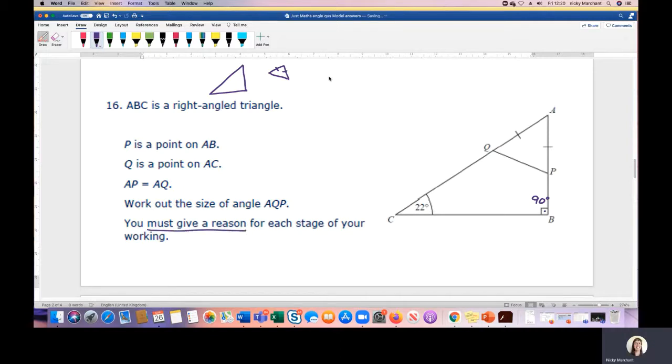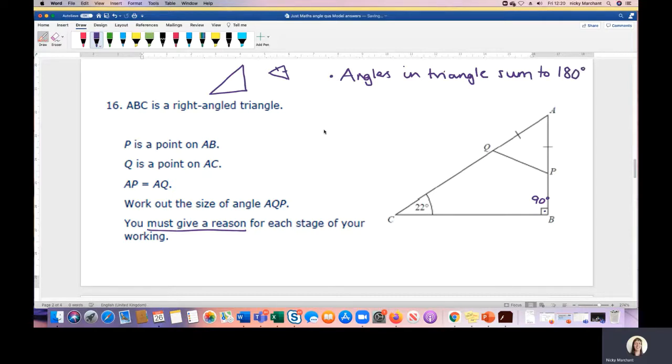If we write down our reasons at the start, the first reason we can use is that angles in a triangle sum or add up to 180 degrees. These are really precise words. You must have the angle and the triangle bit there, and sum or add up to 180 degrees.